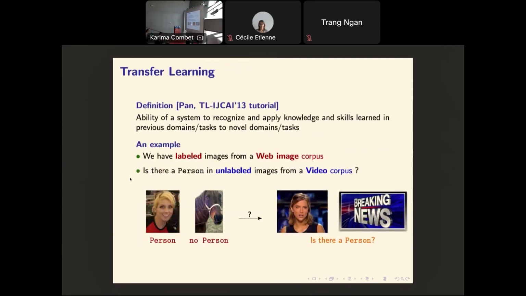And this will be the goal of my presentation this morning. So the high-level definition is to design systems that are able to adapt some knowledge and some skill to other tasks or domains.